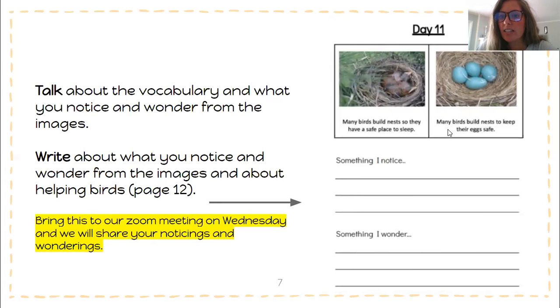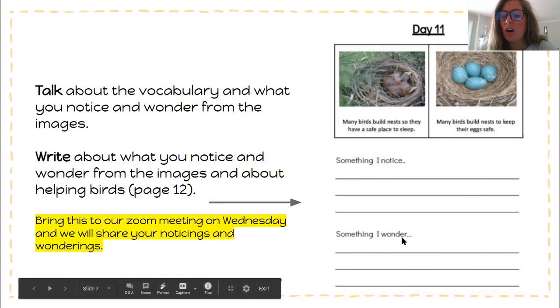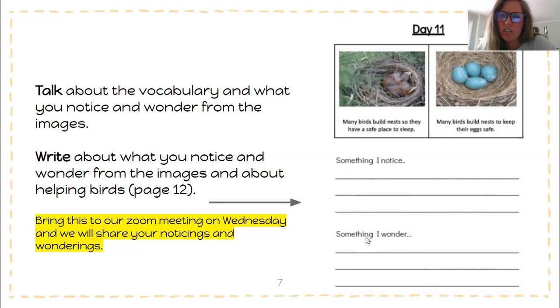And then over here, it says, many birds build nests to keep their eggs safe. In this section right here on your packet, you're going to write about something that you noticed from these images. And then down here, you're going to write down something that you still wonder.